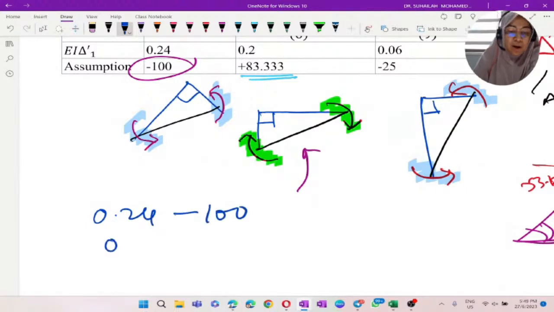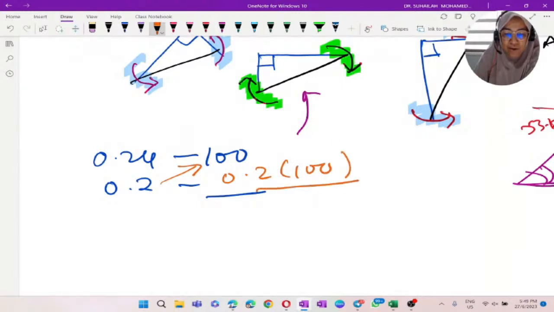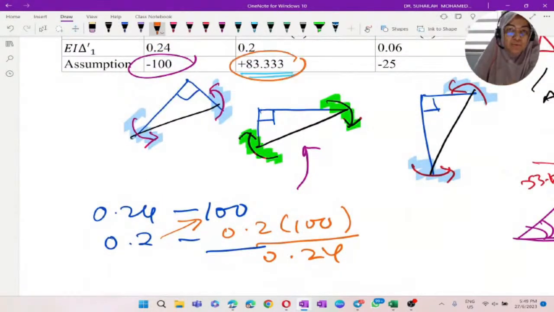So if now we have 0.2, what is this value? It is just 0.2 times 100, divided by 0.24, so we get 83.33. We put positive because of the behavior.